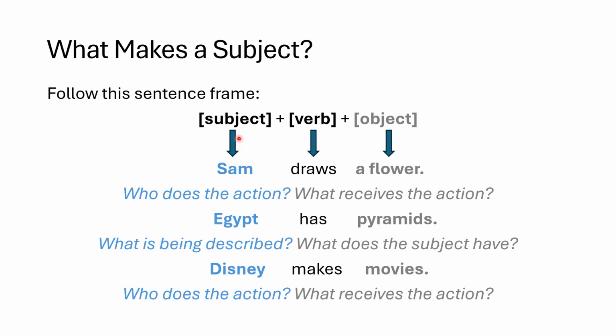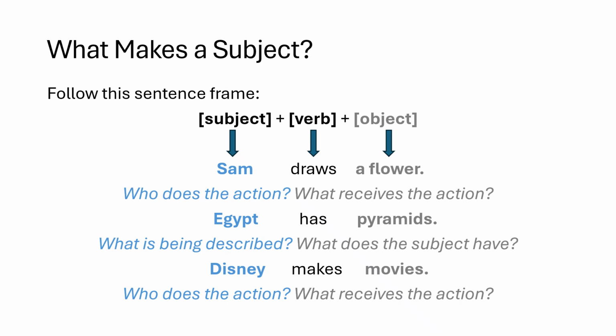The subject, which is Egypt. Subjects in a sentence can also be described rather than physically doing an action. Disney makes movies. Who does the action? The subject, which is Disney.